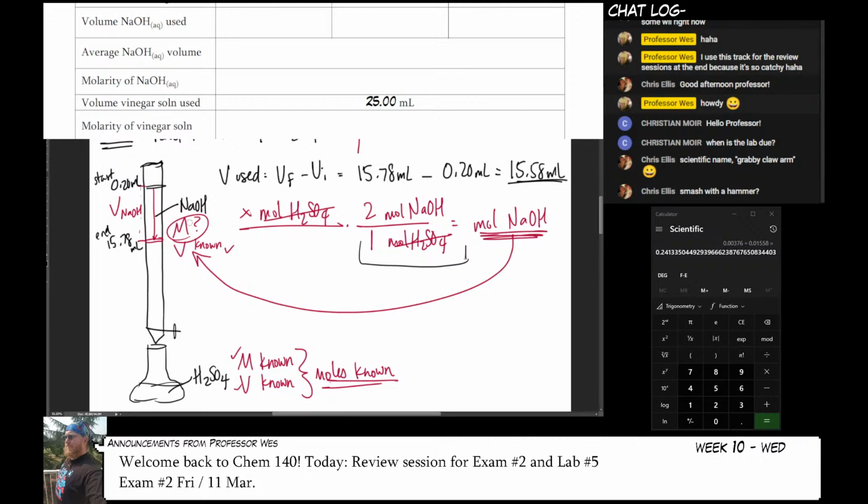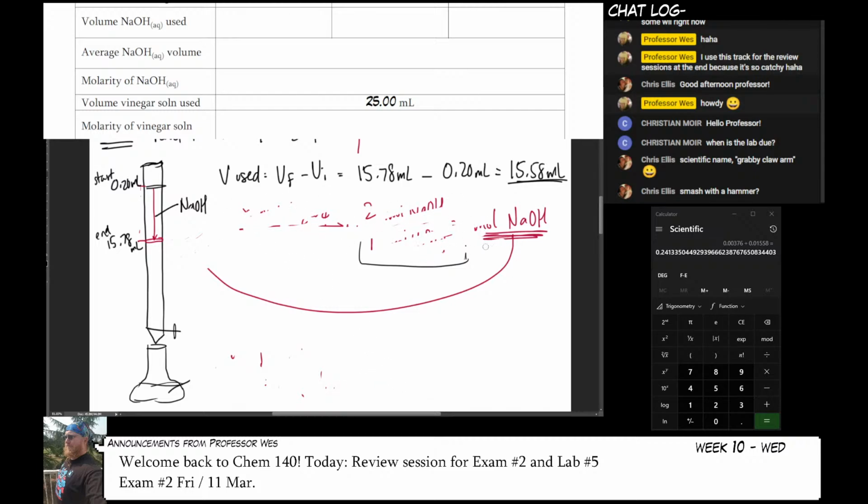This will be okay. I just can't erase down below. You know, it's probably easier if I just do it this way.